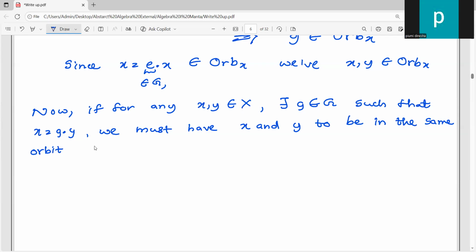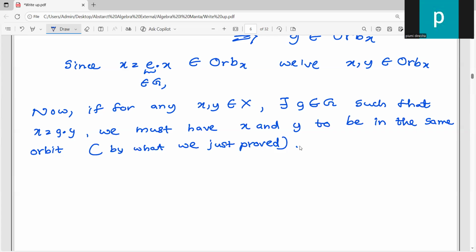This is by what we just proved now. By what we just proved, they must be in the same orbit.